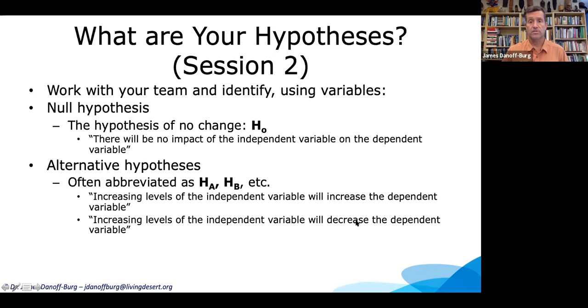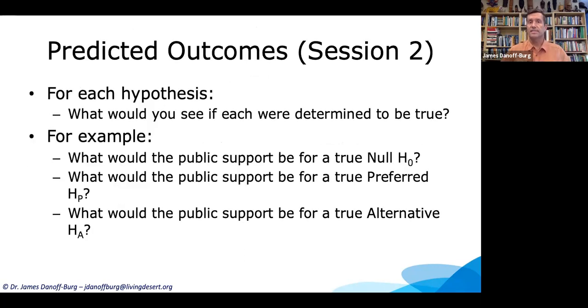So the only difference in those 2 statements is whether the increasing levels will increase the dependent variable or decrease the dependent variable. So we're bringing up hypotheses again, and especially the null hypothesis, because you'll probably remember that it was what we said was the most important hypothesis. And the reason it is the most important hypothesis is that we have to reject the null hypothesis. Okay, so we'll come back to that in just a moment.